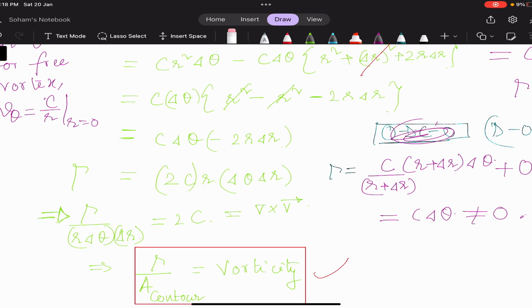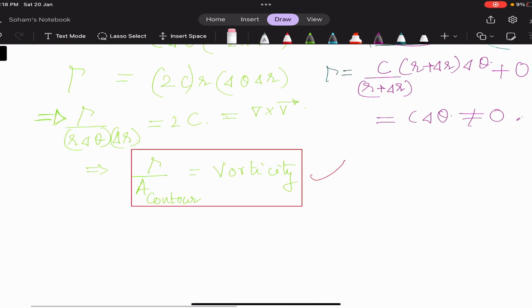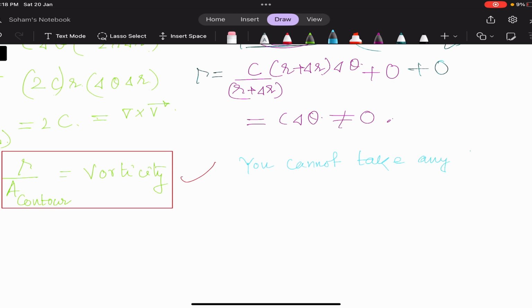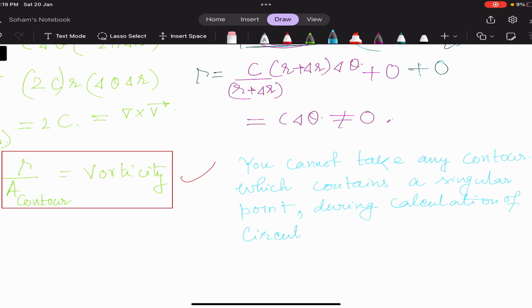You cannot take any contour which contains a singular point during calculation of circulation. So this you have to keep in mind.